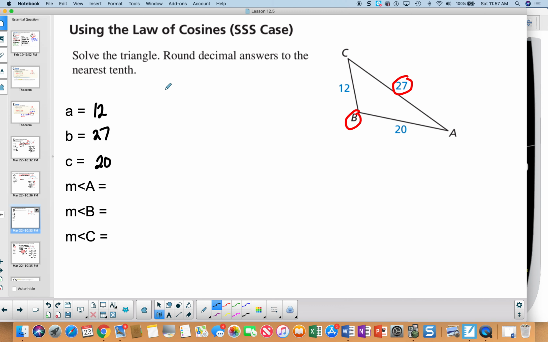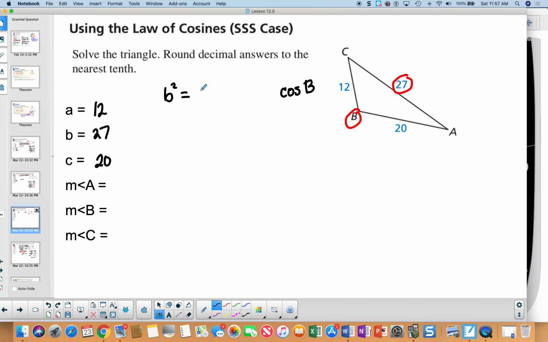So remember, I'm going to start with b squared equals, and then I'm going to end with cosine of b. You just use the Pythagorean theorem, a squared plus c squared minus 2 times ac. So here's the formula that we're trying to use. So this is going to be 27 squared equals 12 squared plus 20 squared minus 2 times 12 times 20, and we're looking for the cosine, and this is what we're looking for.